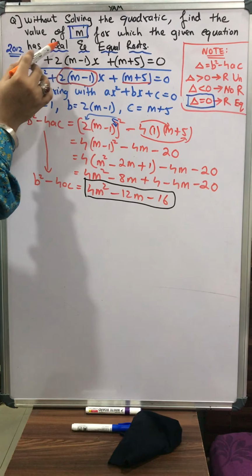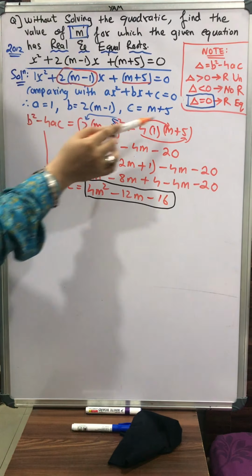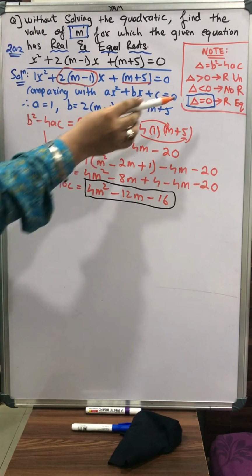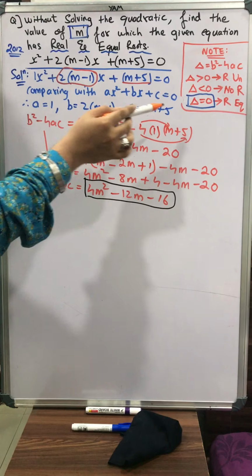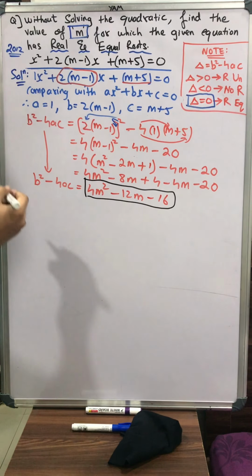It was given to us in this question that the quadratic has real and equal roots. That means the discriminant value is 0. It is given to us. Discriminant value 0 means the value of b square minus 4ac is 0. So I'll utilize that given.